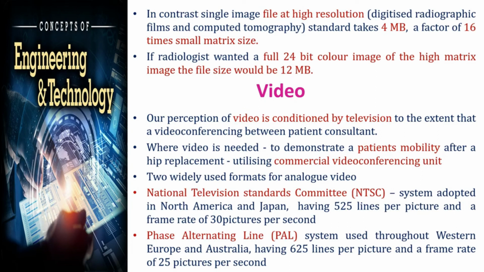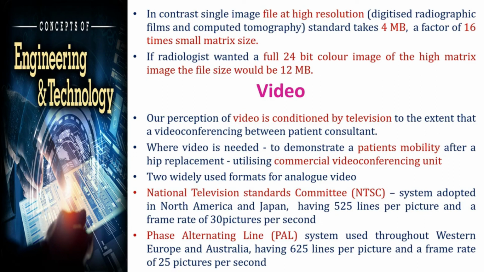For example, if you want to watch a video and the bandwidth is low, what will happen? Some buffering will take place, right? Like that. It should have 30 pictures per second so that the frame rate will be good. This is fixed by the National Television Standard Committee.